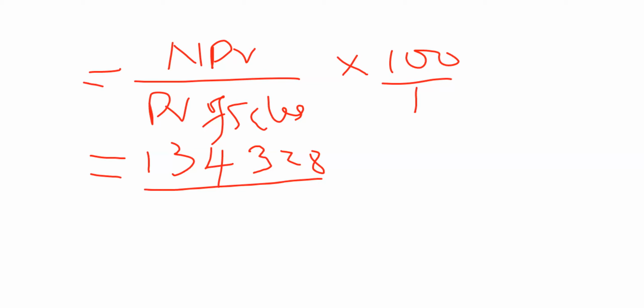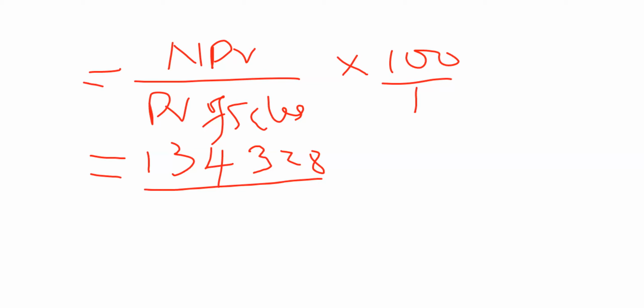I still don't understand. Okay, that is one point. You saw the formula. NPV, which we just calculated now, is our numerator. Remember, there is a difference between NPV and present value. The NPV we just calculated is 134,328.